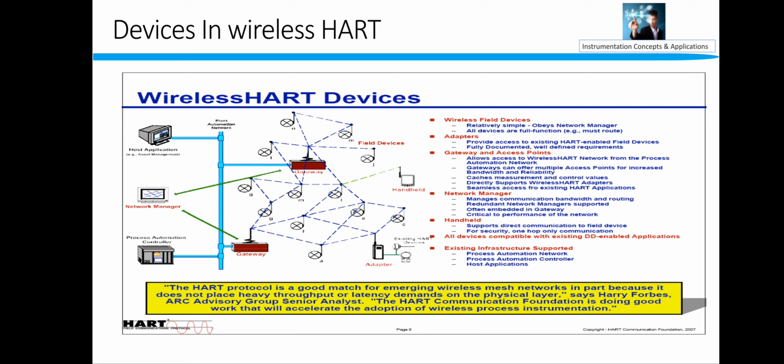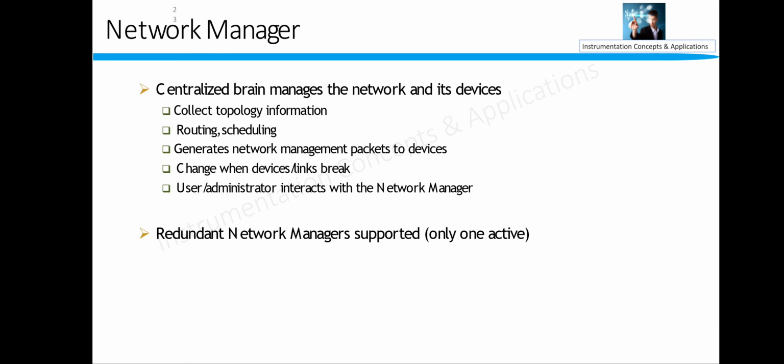This is another architecture where we can see some wireless devices. This is the network manager, the process manager, and this is the gateway which communicates with the network manager. The network manager is the centralized brain.